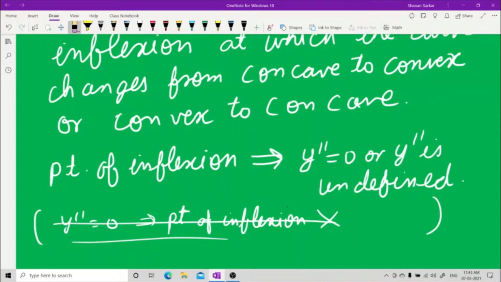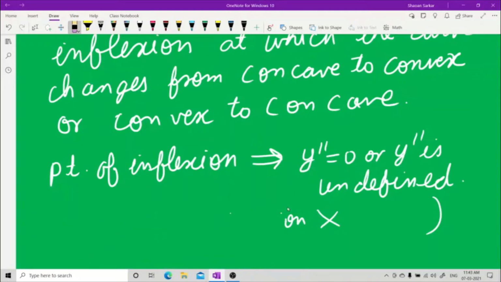But how would you find the point of inflection? Point of inflection means y double dash is 0 or y double dash is undefined. It is not the other way around. Y double dash 0 does not imply point of inflection. I have seen most students saying this, and it is completely wrong. That's why I'm rubbing this. It is not the other way around.